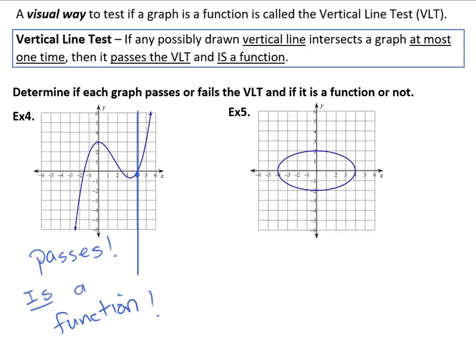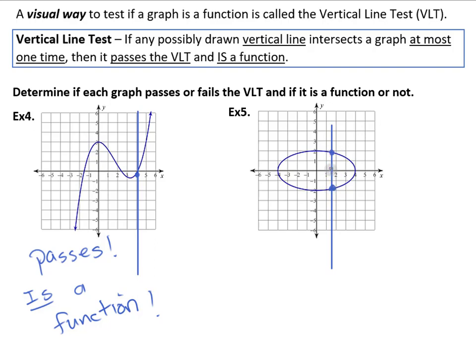Okay, so here's our second example. Again, if we were to try to draw in some form of a vertical line somewhere, so you can pick anywhere you'd like, is it possible to have it intersect our graph more than once? And hopefully you can tell on this ellipse or oval here that yes, that vertical line is intersecting twice.